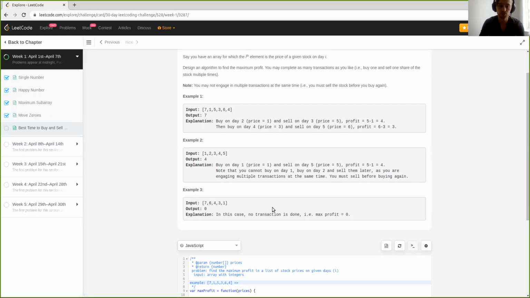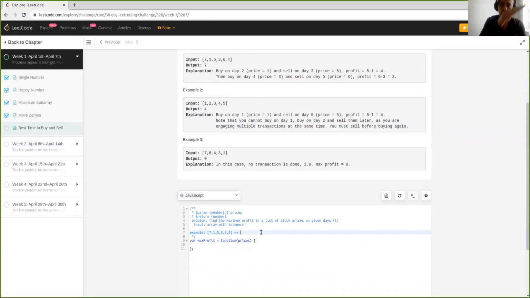So it resembles an actual valley to the peak of a mountain. You want to find the highest value before it decreases again, sell at that point, and then find the next valley, buy, and then peak, sell again. So you're just traversing valley to peak, valley to peak. That's my first impression. We'll see if it holds up.